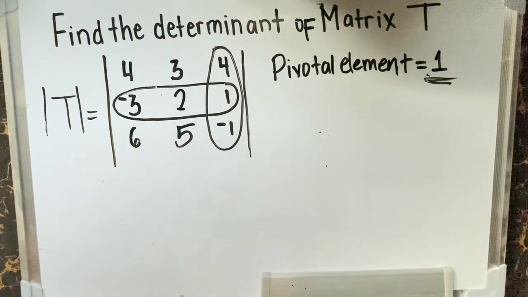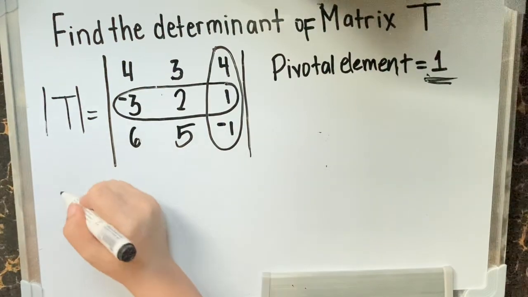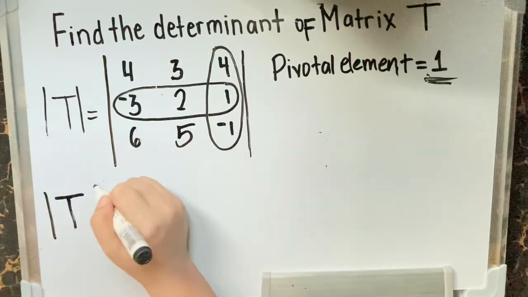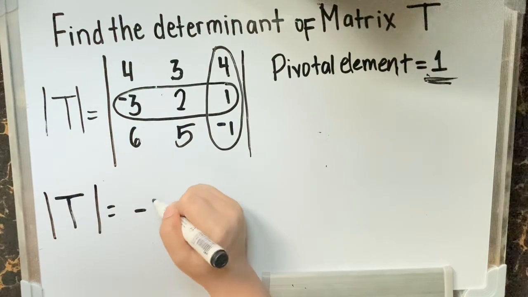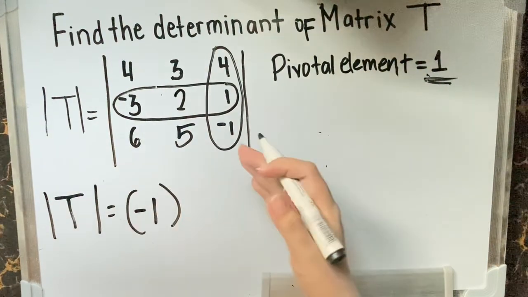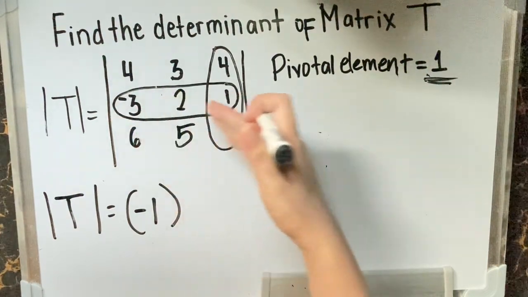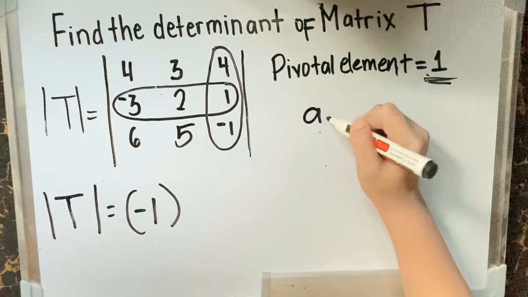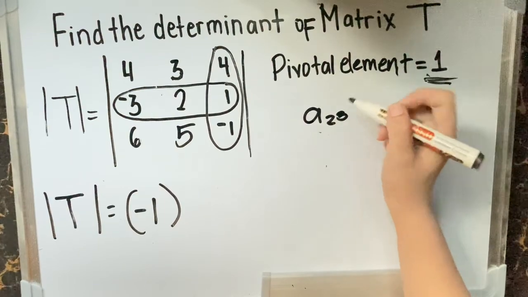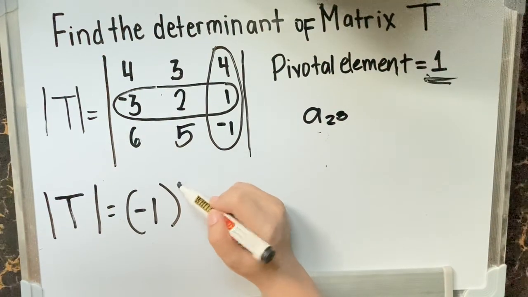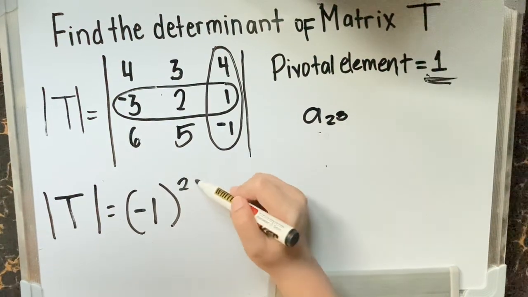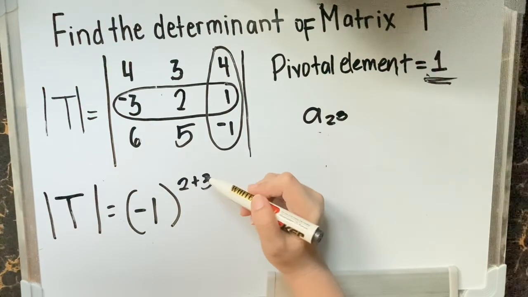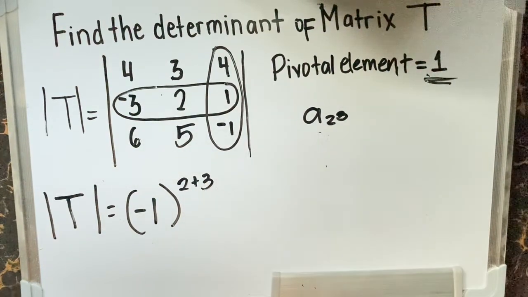And the solution for the pivotal will be, there will be always a negative 1 raised to the sum of the position of our pivotal element. So, it is at A, 2, 3. Therefore, this will be negative 1 raised to 2 plus 3. So, by the n-1 determinant, we've come up with this.